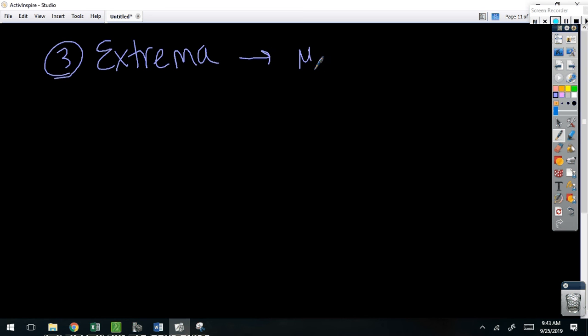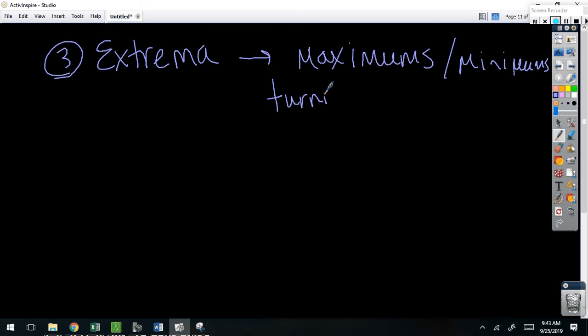These are what we call maxes and minimums, right, Jerome? Sometimes we may call these turning points. Because what happens is the graph stops decreasing and starts increasing, or it stops increasing and starts decreasing. So they're humps on the graph, they're highs or lows, okay?